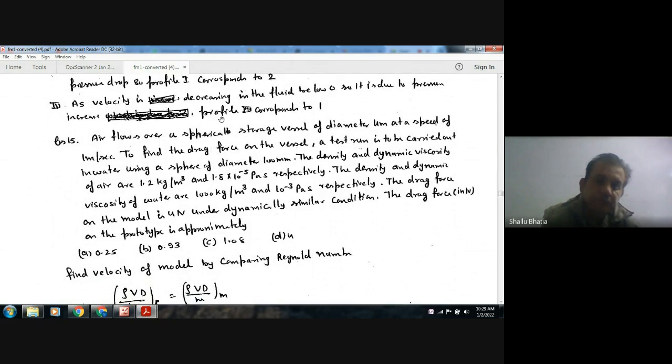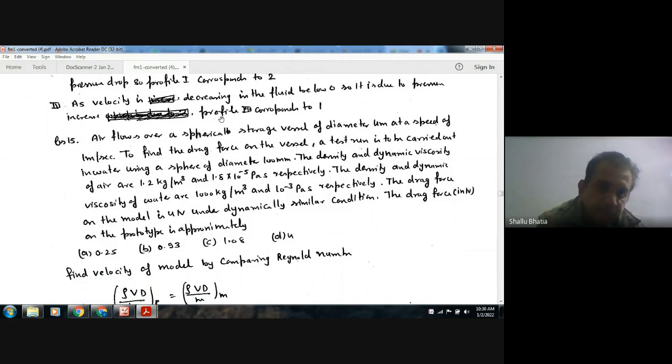Air flows over a spherical storage vessel of diameter 4 meter at a speed of 1 meter per second. To find the drag force on the vessel, a test run is to be carried out in water using a sphere of diameter 100 mm. Density and dynamic viscosity of air are 1.2 kg per meter cube and 1.8 times 10 to the minus 5 pascal second, respectively.